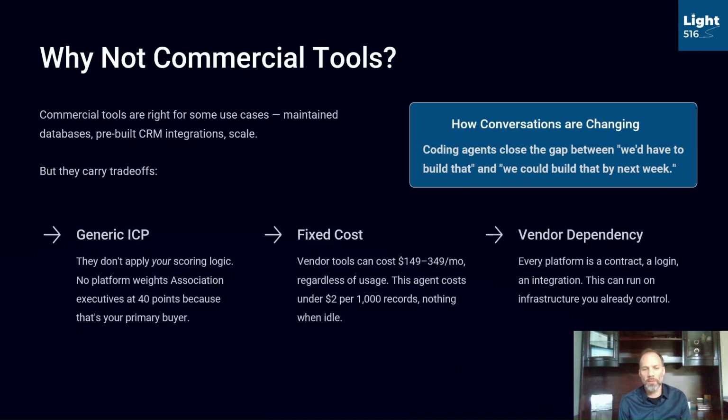So some of the benefits are, again, I'm not using another organization's generic ICP. I have it extremely fine-tuned to exactly what I want. The cost, again, was just a couple bucks for my data set, whereas SaaS tools are going to cost you every month, no matter if you use them or not. And then, of course, as an organization, every time you sign up with a vendor, you've got another contract to sign and logins and all that type of stuff.